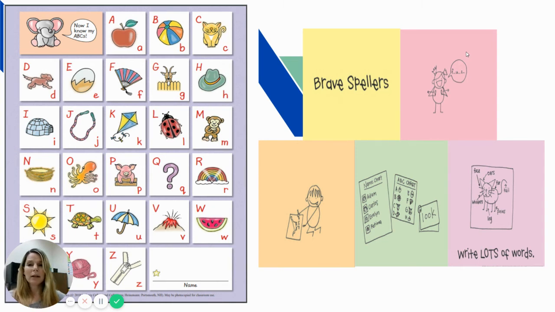You have an alphabet chart. You might have that in your folder with you. And then remember our Brave Spellers anchor chart, where you're going to be brave, draw it, use the tools, the alphabet chart, the name chart you might have in your room, and the anchor charts and the word wall, and then write lots of words.